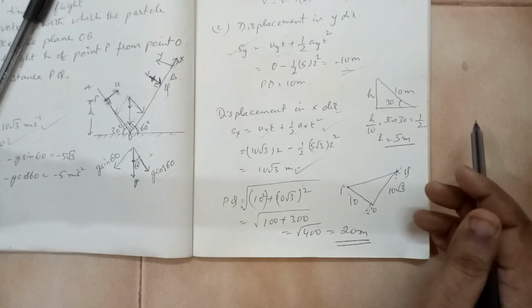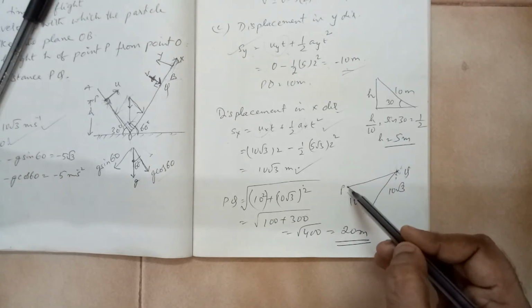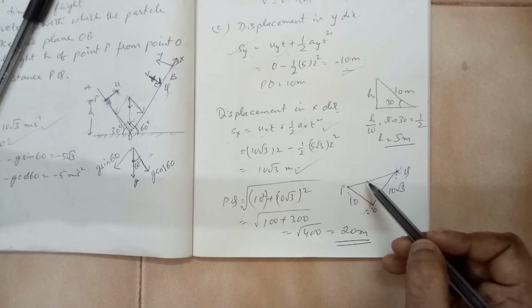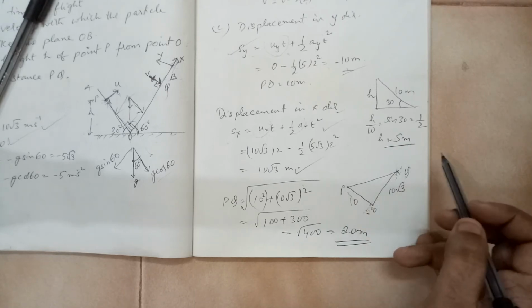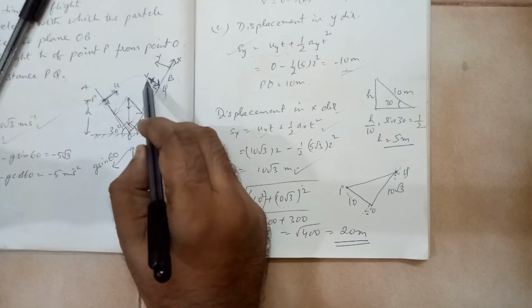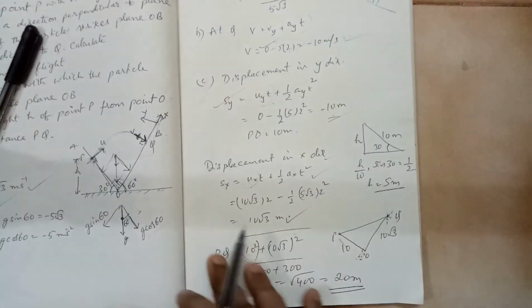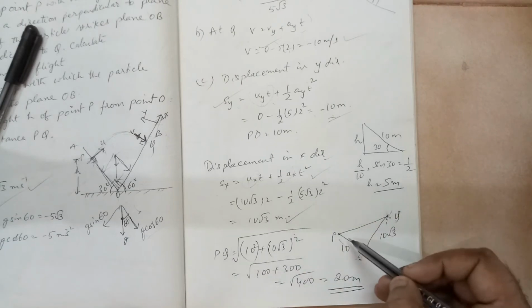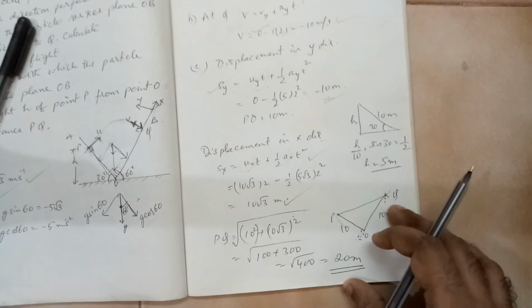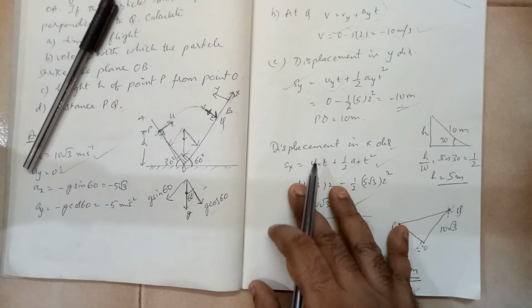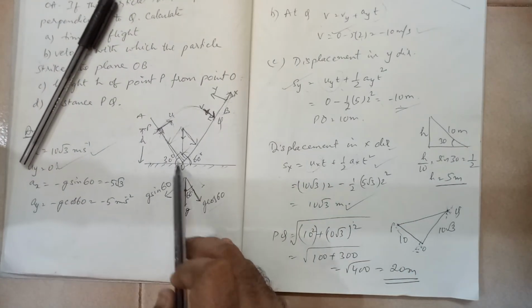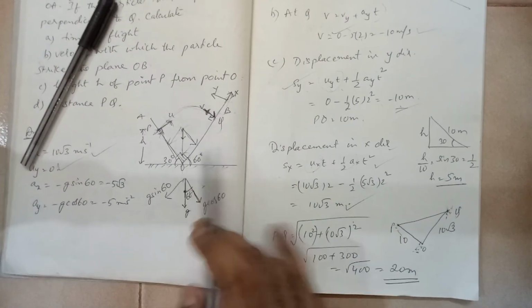So basically, what is the distance it travelled? No, not the distance. What is the distance between P and Q? The path travelled might be like this, it is curvilinear. It is curved. But in the question they are asking, what is the distance between PQ? So obviously, we have discussed that if this angle is 30 and this is 60, this angle will be 90.